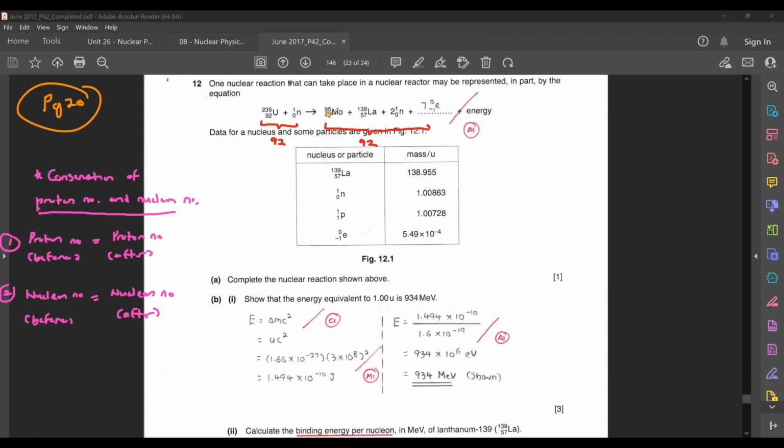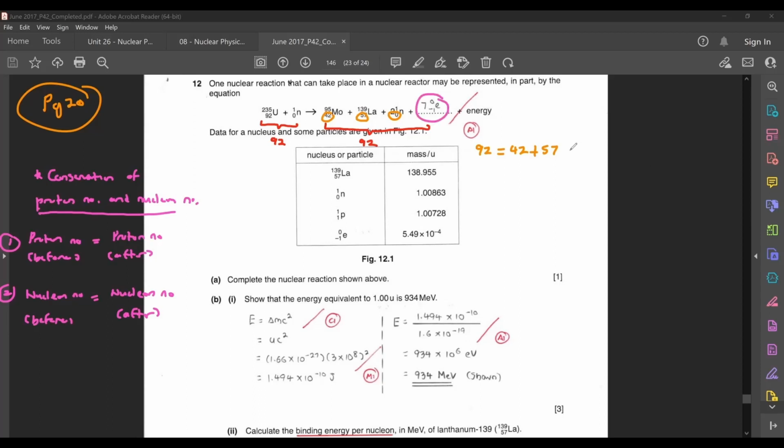But you see here, this is 42, this is 57. So 42 plus 57 is already 99 here, right? This one in itself is already 99. Then this one is 0. So 92 equals 42 plus 57 plus the unknown element here.